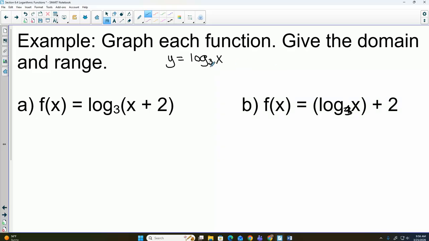How do I write that as an exponential? Good. 3 to the y power equals x.